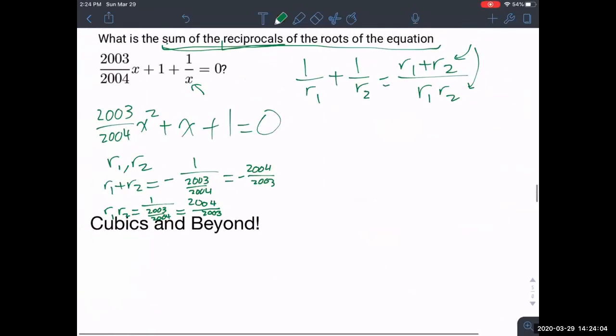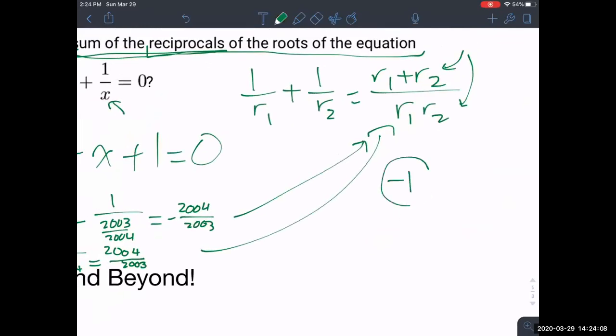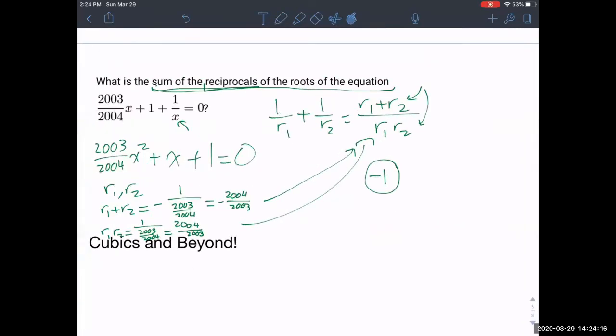So now that we can put those in there, we get negative 1 as our answer. Hope that made sense for everyone. Feel free to ask questions in Q&A as per usual.